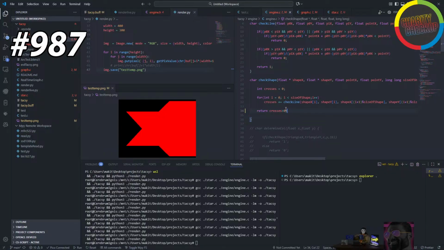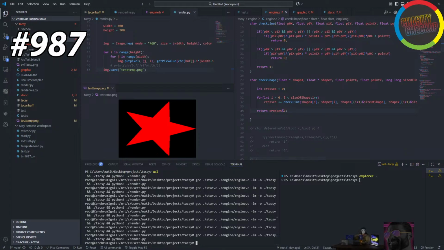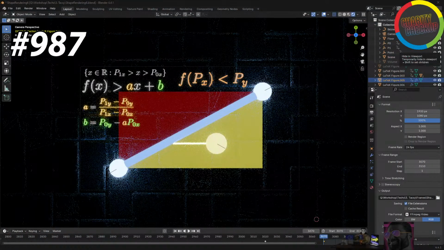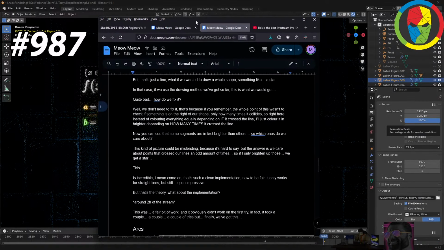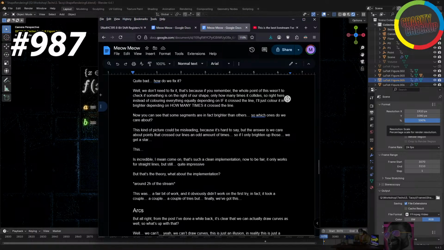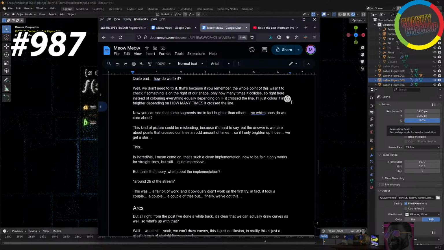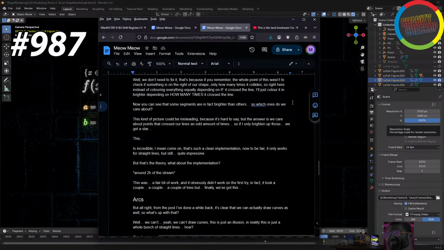This is correct. Let me just wind it back to make sure nothing is broken. Brilliant. Okay, where was I then? I need to fix it. If you remember, the whole point of this wasn't to check if something is on the right side, but how many times it crossed the line.